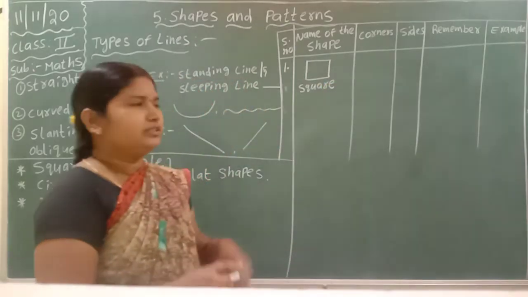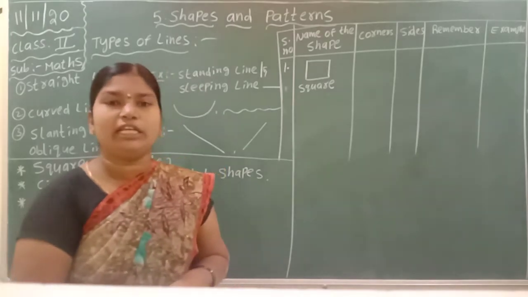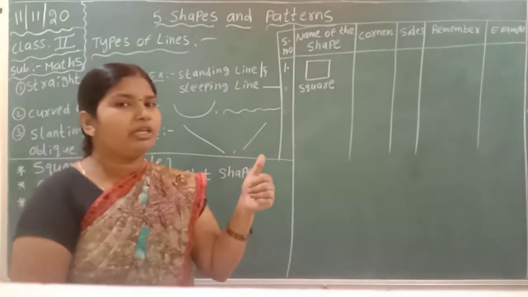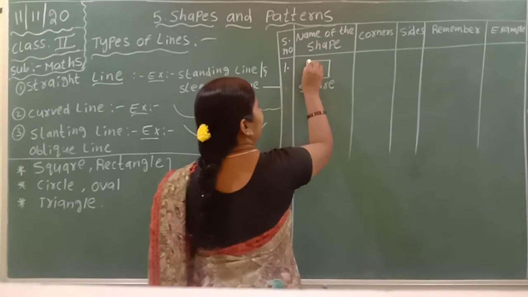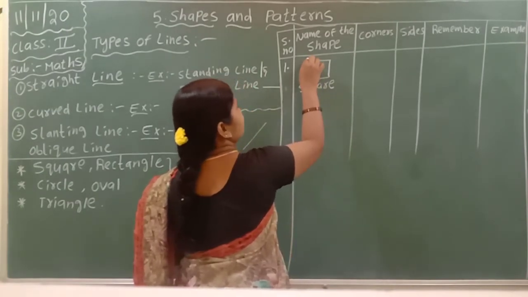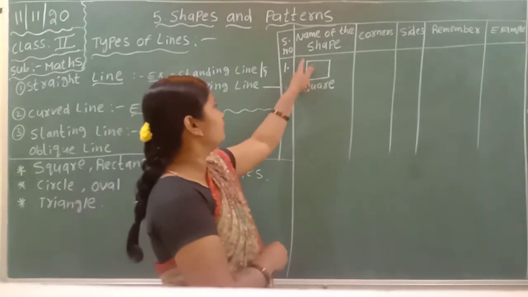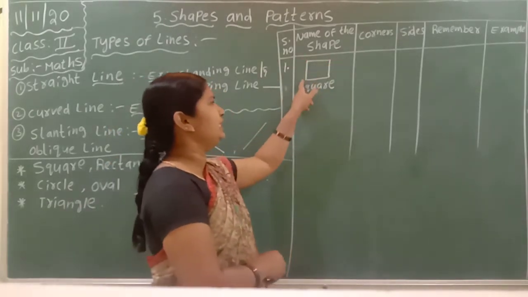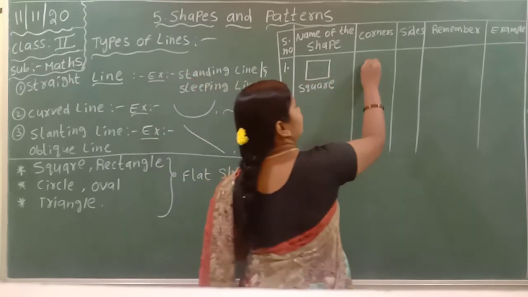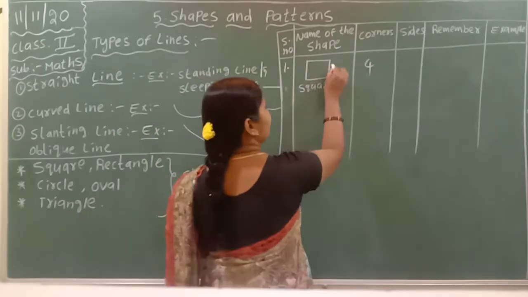How many corners does it have? What do you mean by corner? Where two lines touch at one end, this edge is known as a corner. How many corners do we have? Count: 1, 2, 3, 4. Four corners.